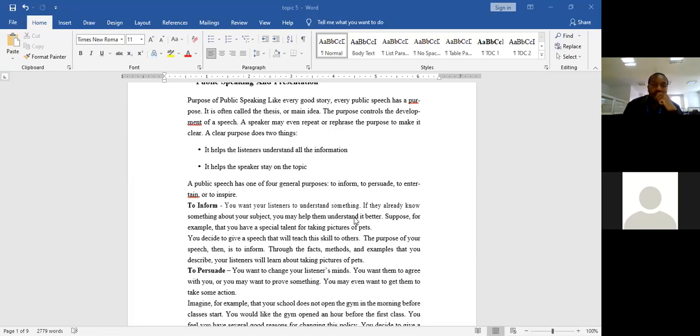So you decide to give a speech that will teach these skills to others. Let's say, for example, you're talking about COVID-19. So you decide to give a speech that will teach that particular skill to others. The purpose of your speech then is to inform through facts, methods and examples that you describe.